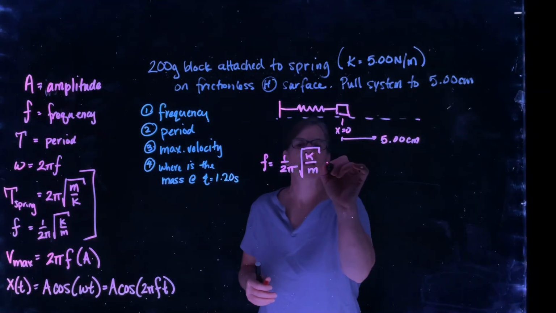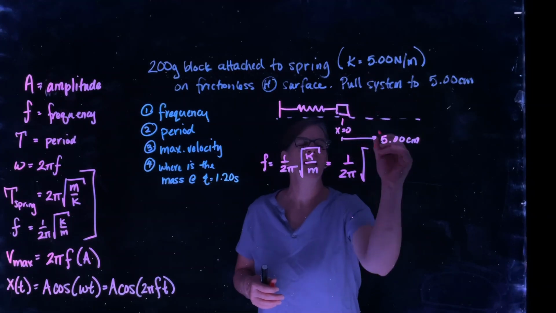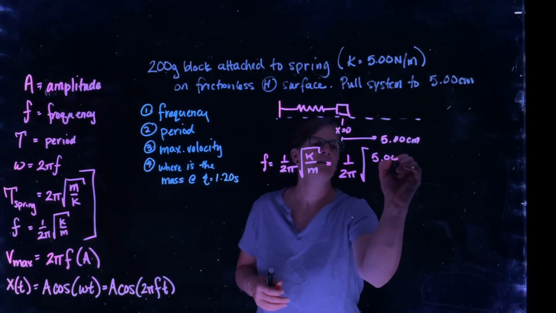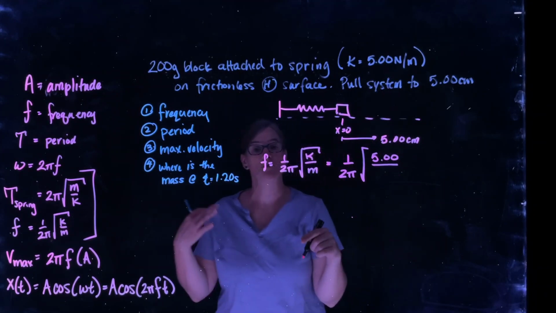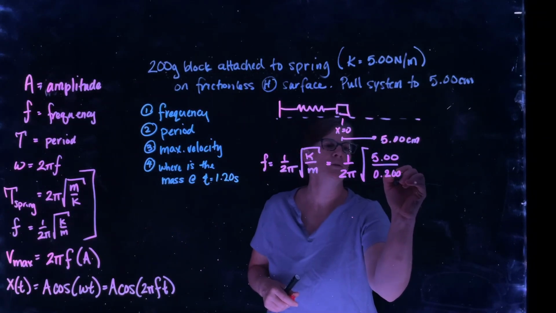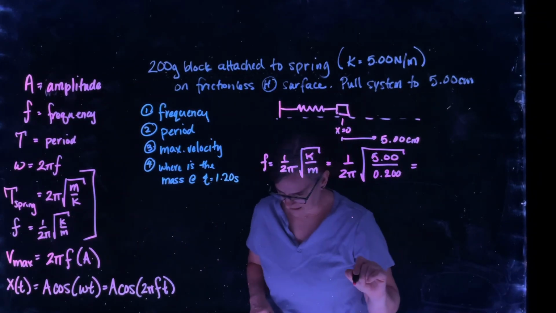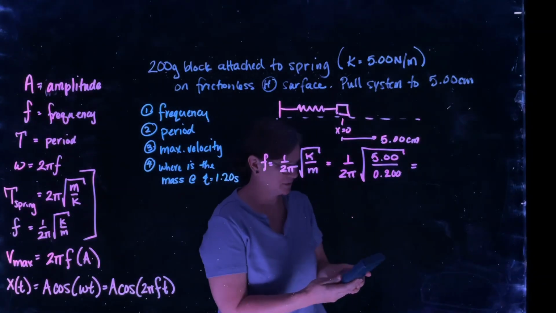All right, now we can just calculate that. So we have 1 over 2 pi times the square root of k, which is 5, over the mass, and we need to make sure if we're in newtons that we're doing standard units of kilograms. So this is 0.2. Let's calculate it.